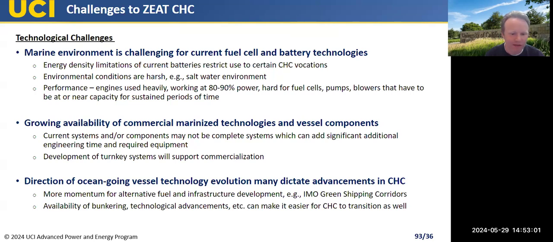Corvus, Wärtsilä, ABB, a lot of companies moving in the space, which will help with this. And one thing to note is that ocean-going vessel technology evolution may help dictate where CHC goes, because there's a lot of momentum for those large ocean-going vessels. And if all of a sudden ammonia or methanol bunkering becomes available, that might shape how CHC technology evolves as well. Next slide.